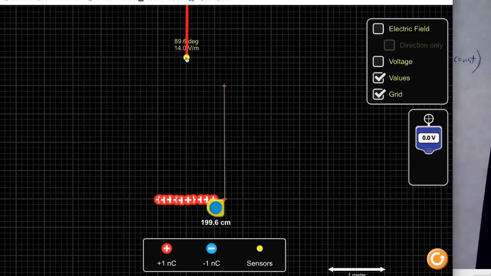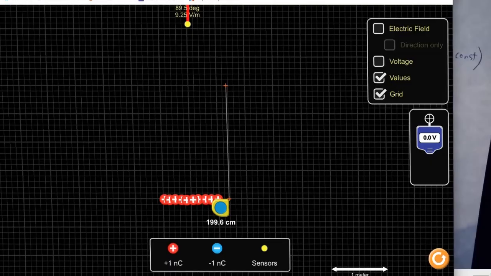I'm going to go all the way to 2.5. Then I'm going to go to 2.2, three. Okay, let's stop there.